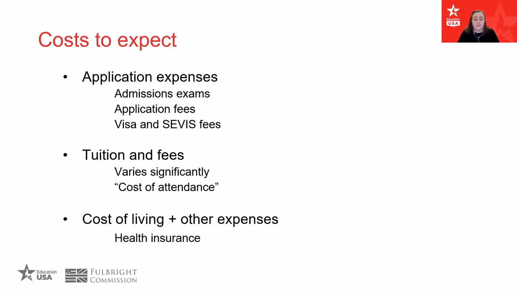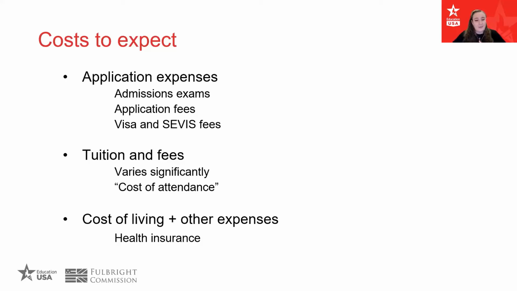So it won't just be tuition fees and other fees. It will also include things like room and board, personal expenses, sometimes even travel to and from the university. And so it's worth keeping in mind that it is a lot more of an inclusive cost of everything that is anticipated that a student will spend.